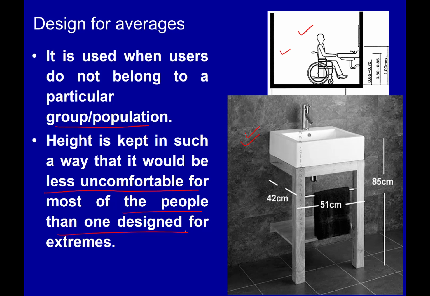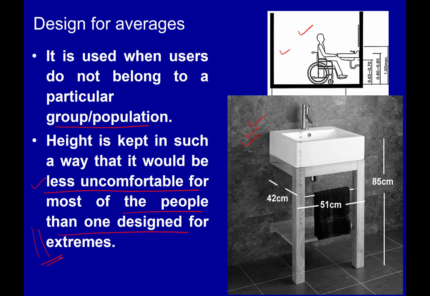So in such cases where something is to be designed for public places, the dimension is kept in such a way that it will be less uncomfortable for most of the people than when the design is done for extreme cases. So we don't do this design for extreme cases.